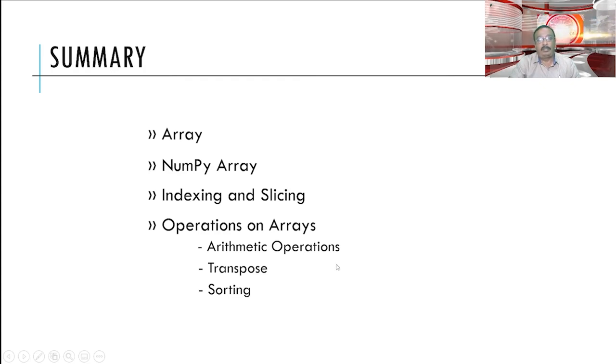To summarize, we have discussed the NumPy array, and what indexing and slicing are. We have also discussed various operations on arrays, such as arithmetic operations, transpose of an array, and sorting of an n-dimensional array.